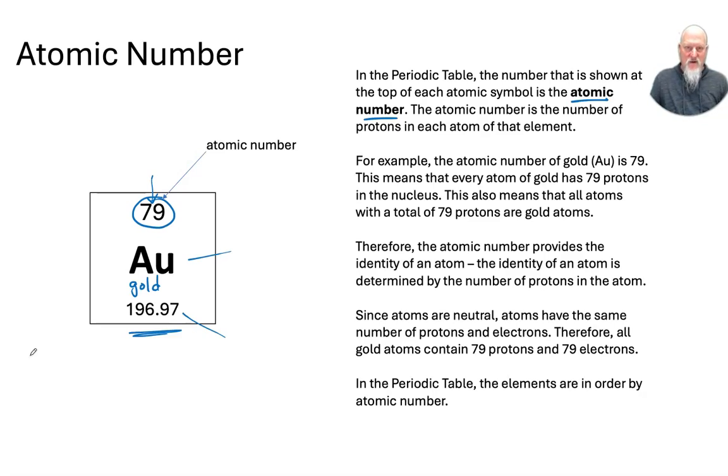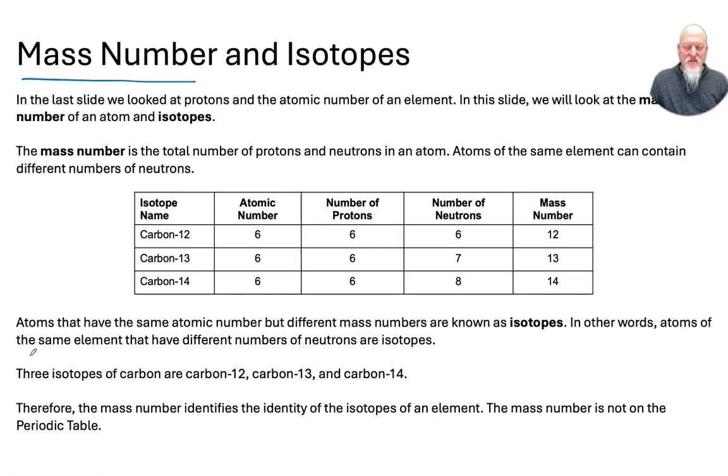Okay, atomic number, 1, 2, 3, 4, 5. The number of protons. Mass number is going to be the number of protons and neutrons in an atom. So it's the number of particles in the nucleus, right? Because the nucleus has the protons and the neutrons in it. So the mass number is the total number of protons and neutrons in an atom.